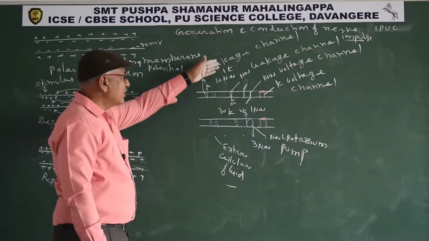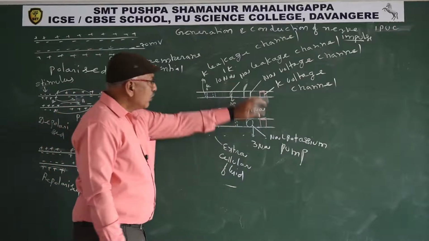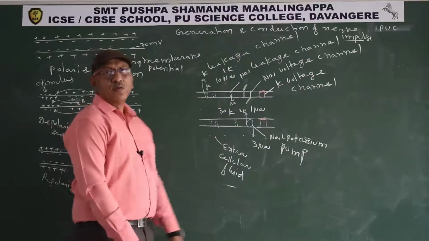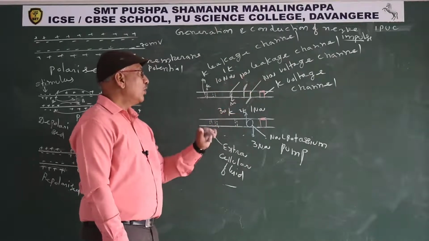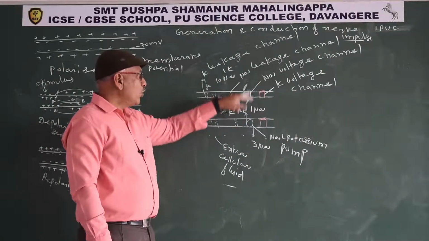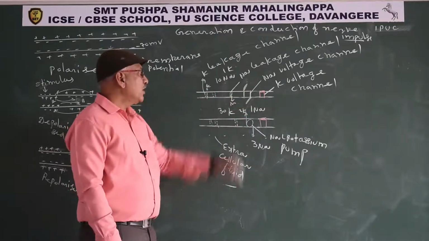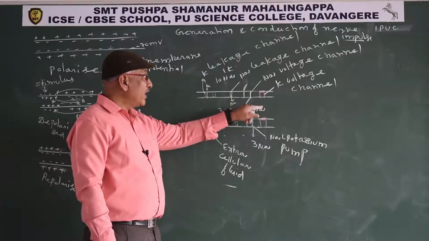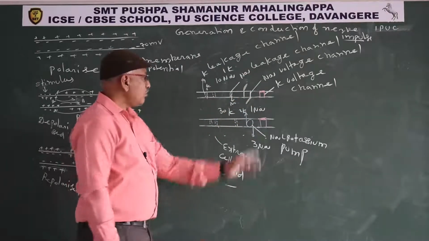Through the sodium leakage channel, sodium always enters the axoplasm. Through voltage gated channels also, the ions move from high concentration to low concentration. Through the sodium voltage channel, sodium always enters the axoplasm. Through the potassium voltage channel, potassium always goes out.